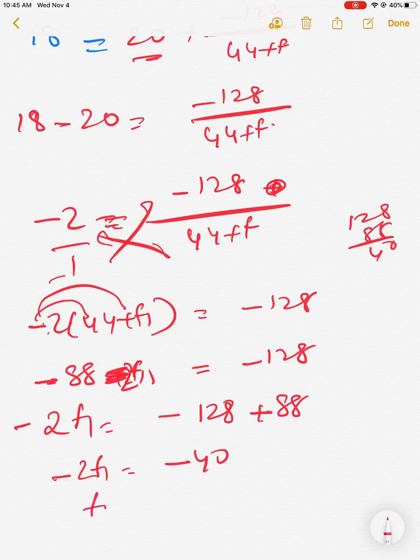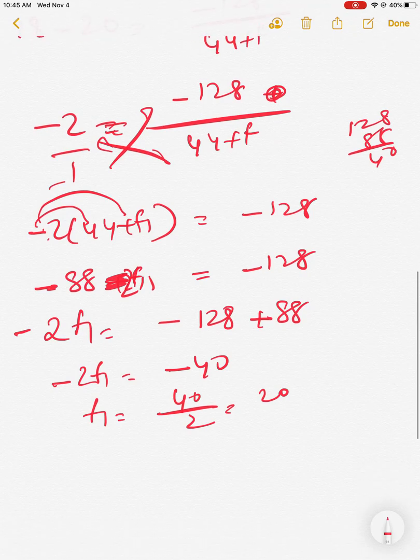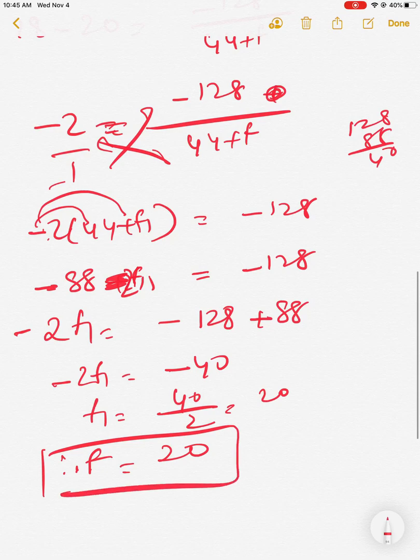Both sides have a minus sign. So f is equal to 40 upon 2, which is 20. Therefore the missing frequency f is equal to 20. Okay, this is the missing frequency.